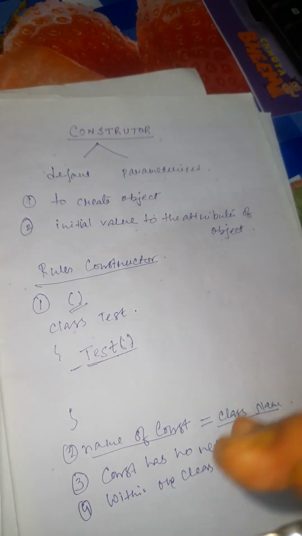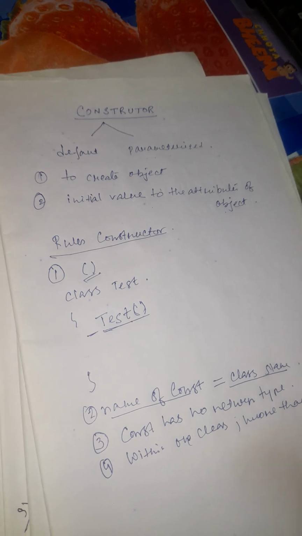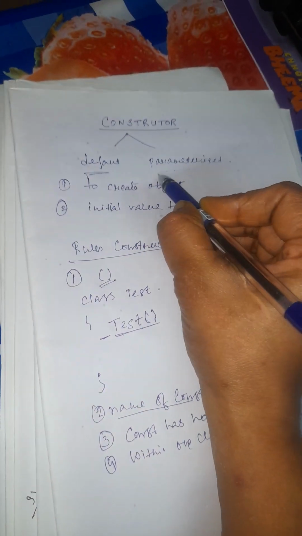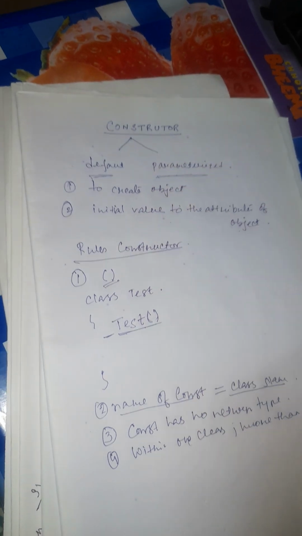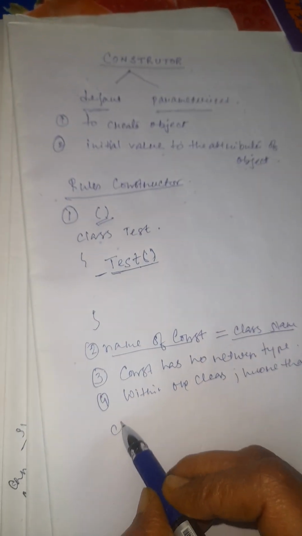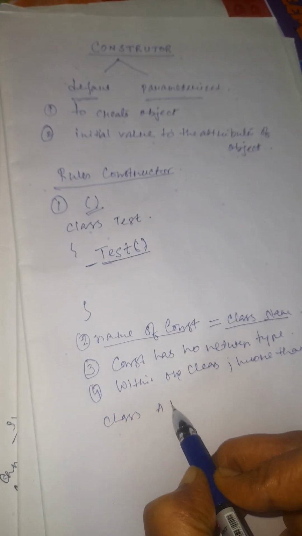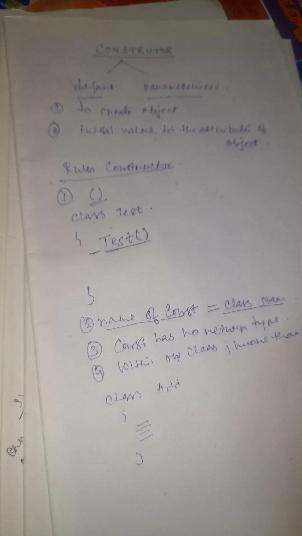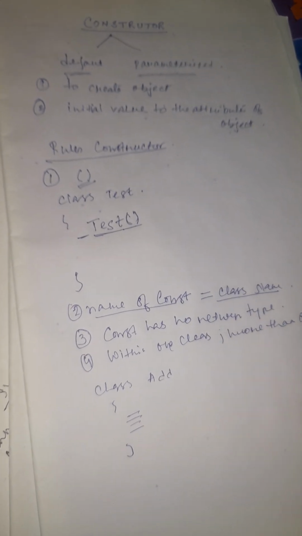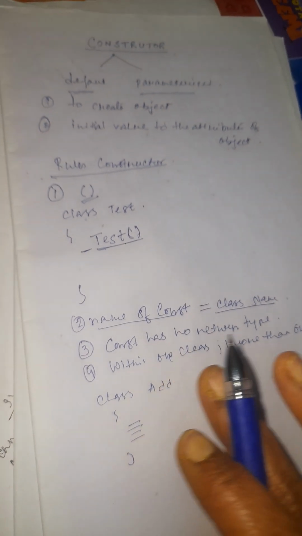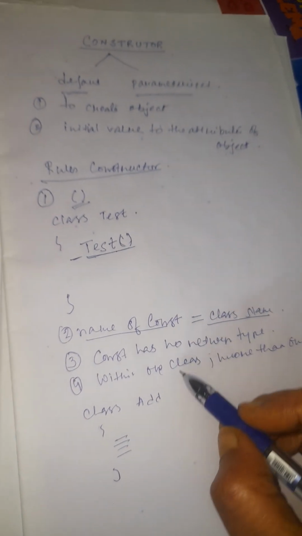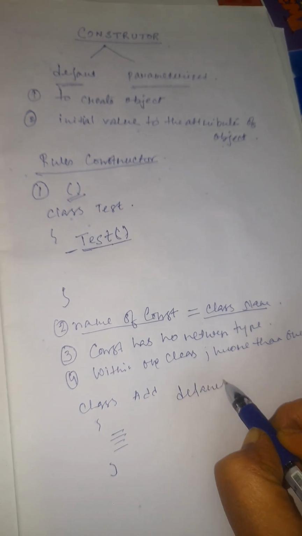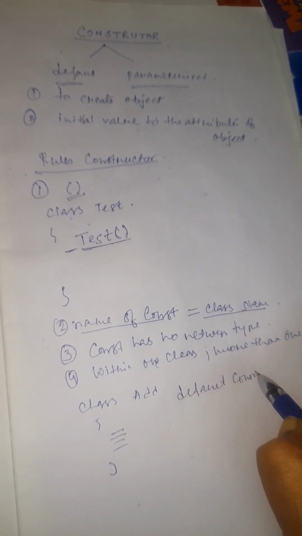Maybe more than one constructor you can create. Now constructor is normally two types. One is a default constructor and another one is a parameterized constructor. Maybe I have one class, maybe this one is a class add, and so many variables and methods are there. If there is no constructor, then Java will call the default constructor.